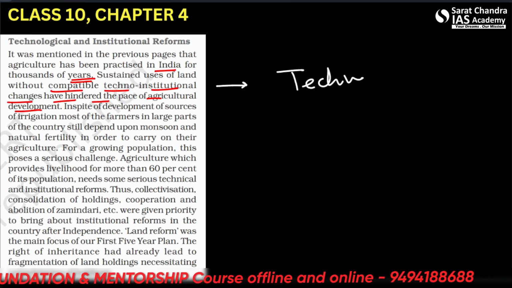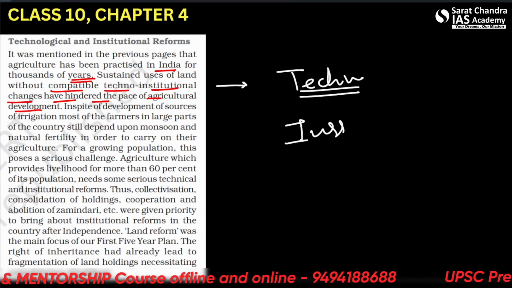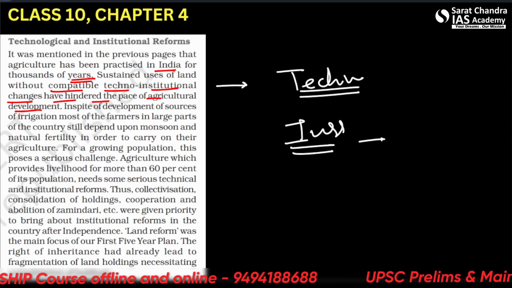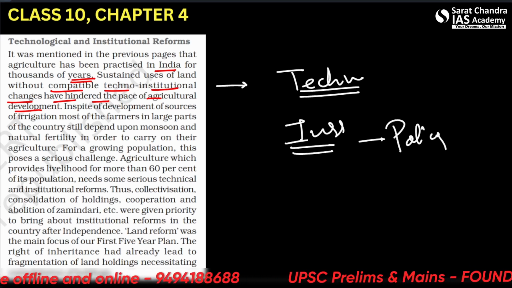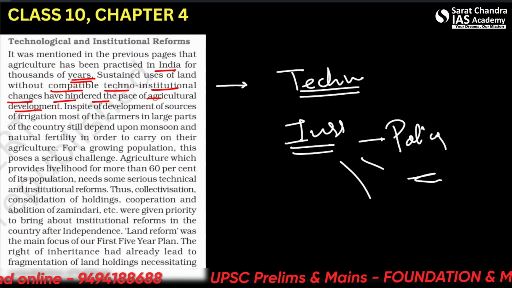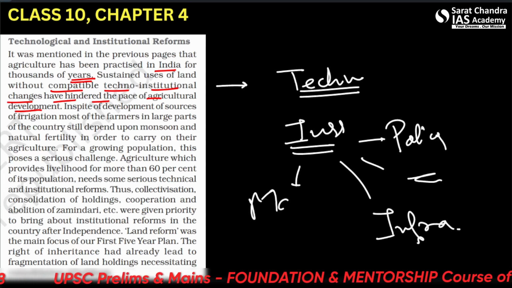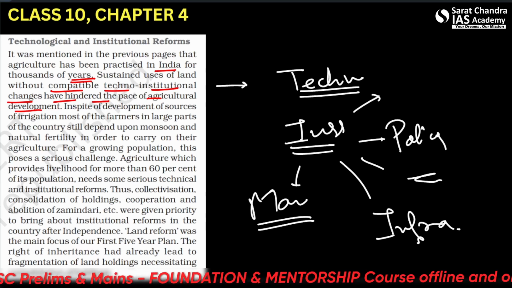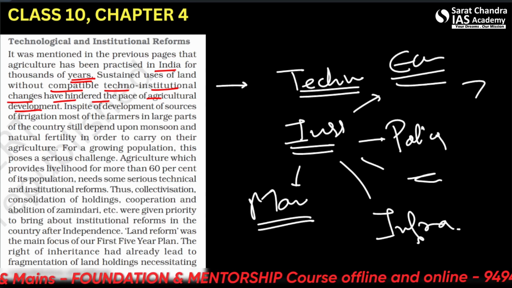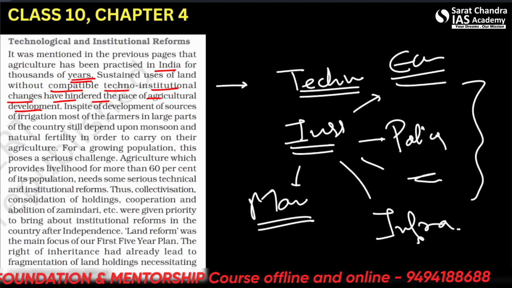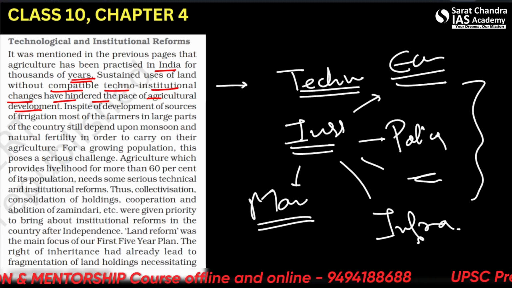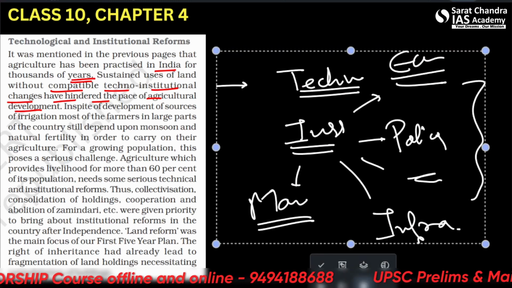Technology and institution. Institution comprises policy, implementation and infrastructure, market accessibility to the farmers, economic inclusion. So these are the factors which have reduced India's productivity despite having a large arable area.